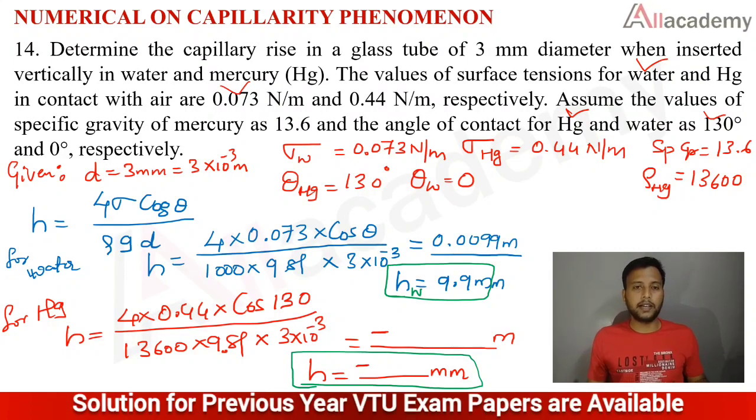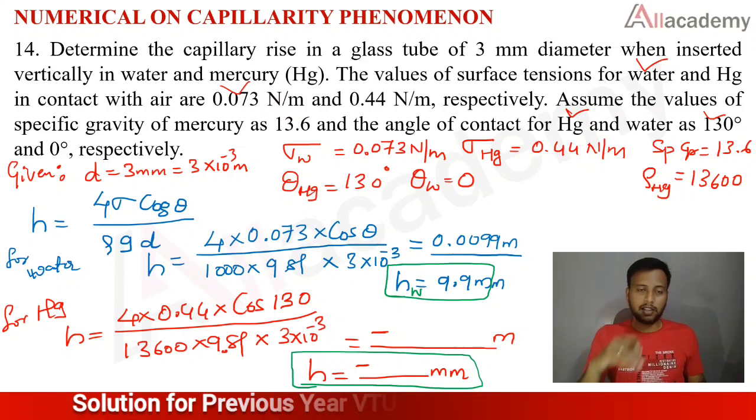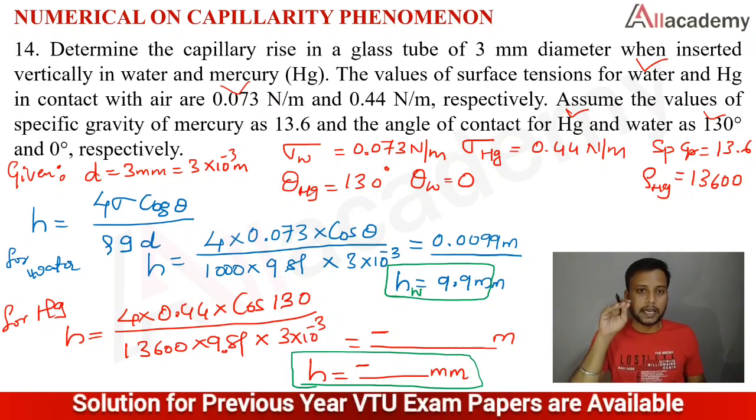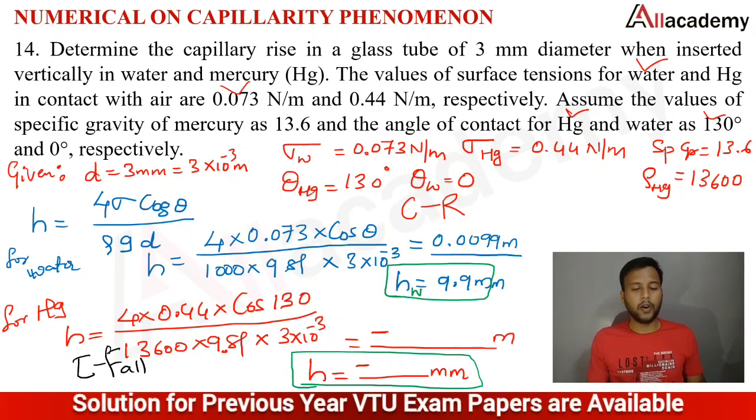It means that the liquid is going below the adjacent surface, which means it is a capillary depression or capillary fall. So when the same diameter is used for water, it is a capillary rise. When the same diameter is used for mercury, it is a capillary fall, or a depression.